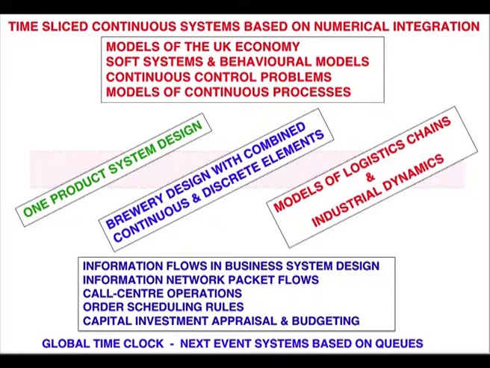Discrete event systems have entities and carry attributes, and they can be used for information flows in business system design and business process re-engineering, information network packet flows, call center operations, hospital operations, order scheduling rules, and as I've tried to describe earlier, capital investment appraisal and budgeting.